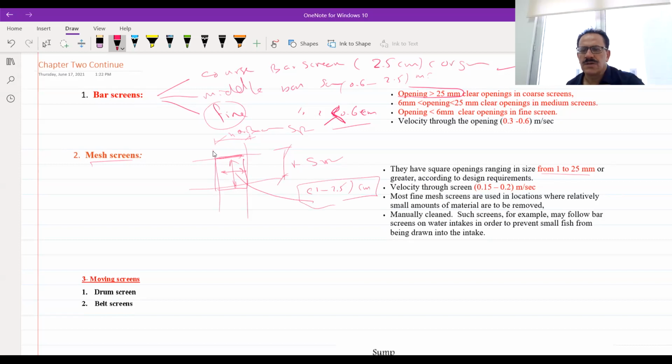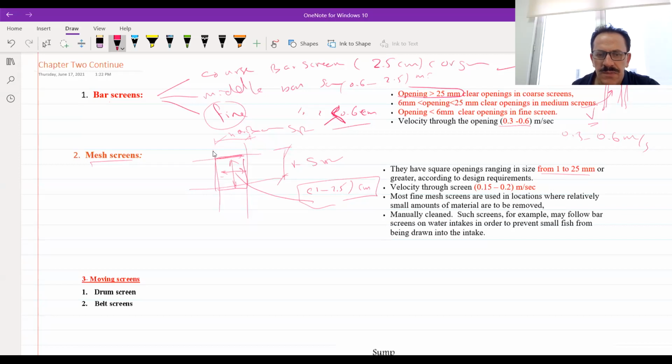And the main difference between the bar and mesh is, for the bar screens, the velocity of the flow between the bars. This is the bar and this is another bar. The water is coming between them, and the velocity between them should be between 0.3 to 0.6 meter per second.